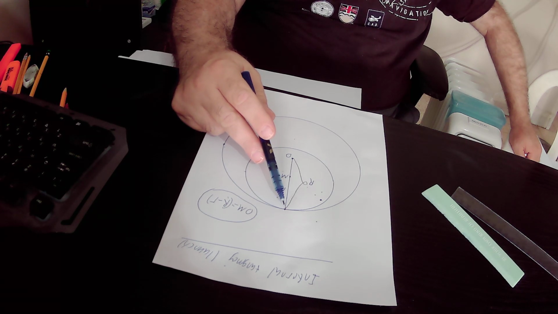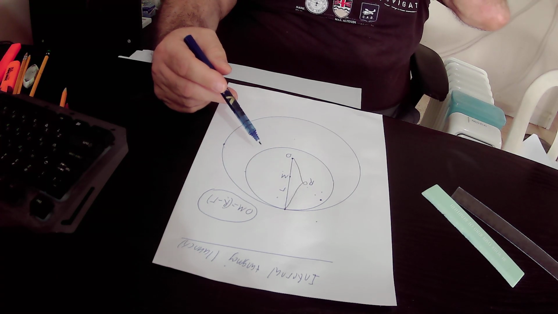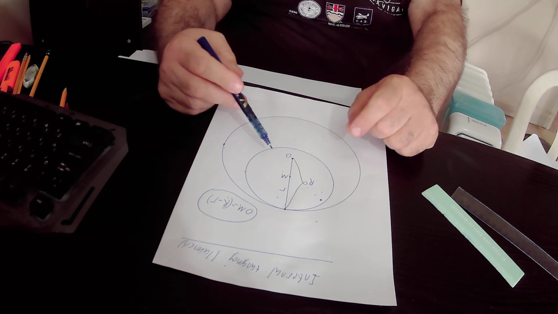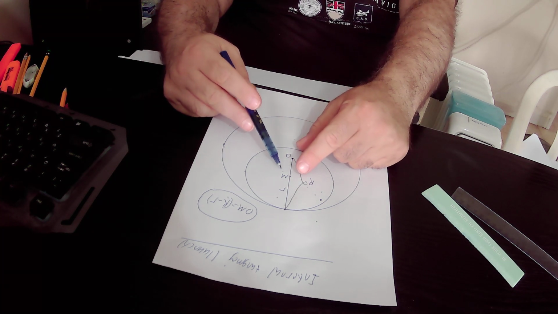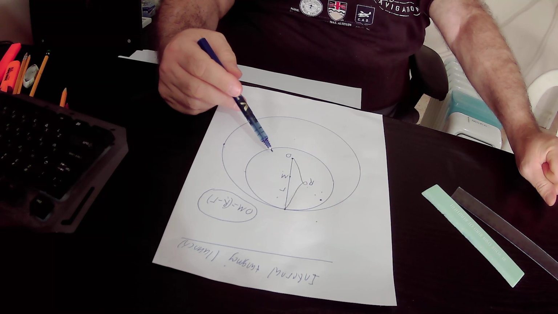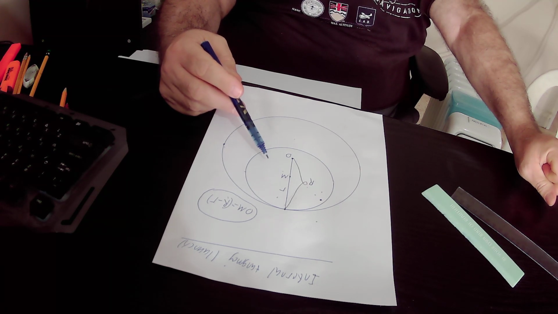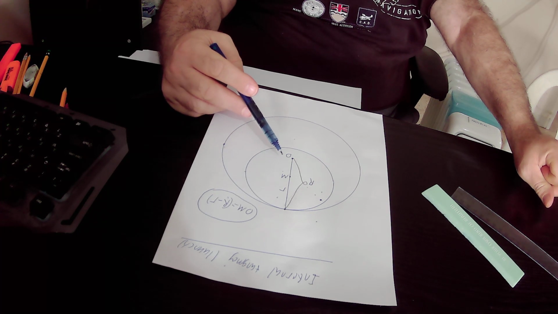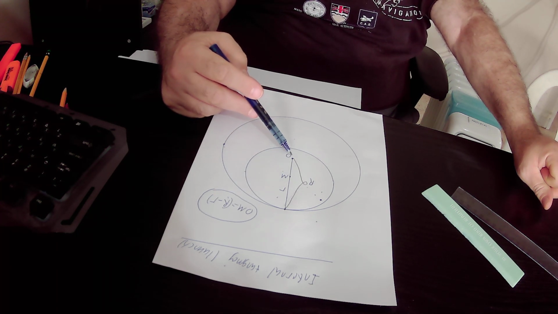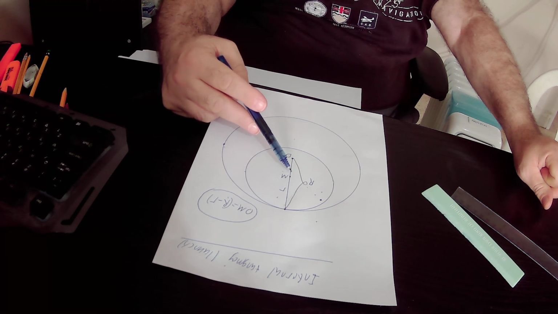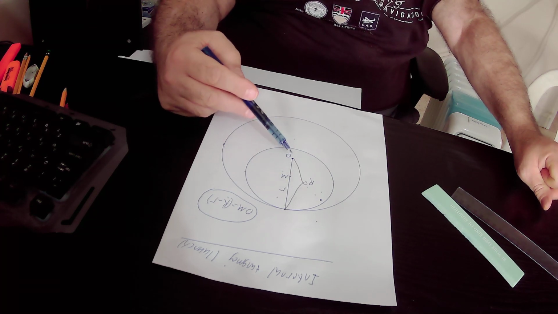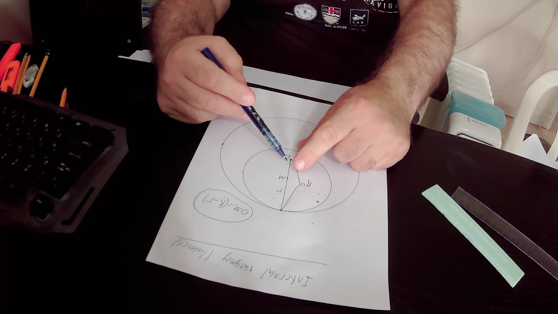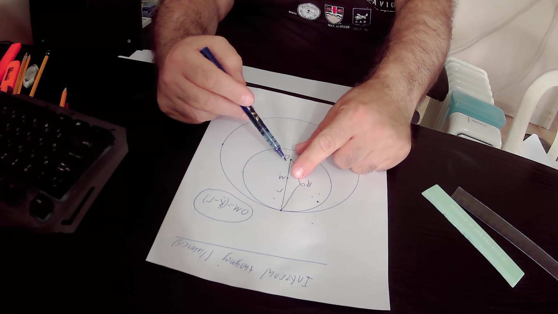This is the point of tangency between those two circles, and in this case the distance between the centers of those two circles, that is to say the length of line segment MO, will be equal to the difference between the lengths of their radii. That is to say, it will be equal to capital R, the radius of the big circle, minus small r, the radius of the small circle. You can see from the drawing that capital R minus small r will be equal to the length of MO, that is actually the distance between the centers of those two circles.